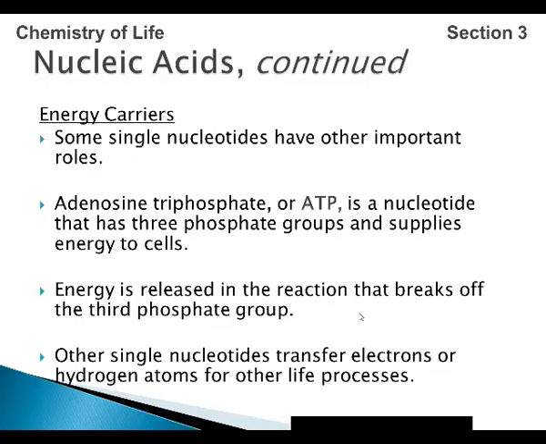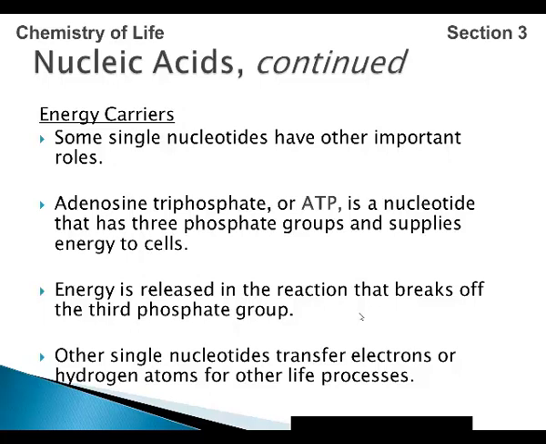Energy carriers. Some single nucleotides have other important roles. Adenosine triphosphate, ATP, is a nucleotide that has 3 phosphate groups, and it supplies energy to our cells. Energy is released in the reaction that breaks off the 3rd phosphate group. So what our body does is it actually builds ATP.